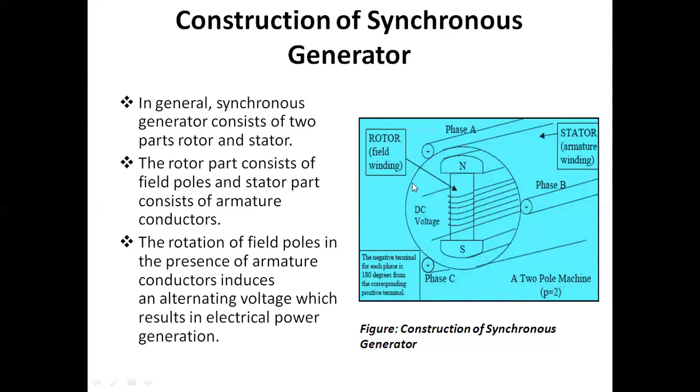So this is the general pictorial view of a synchronous generator. The rotation of the field poles in the presence of armature conductors induces an alternating voltage, which results in electric power generation. So this is the general construction of synchronous generator.